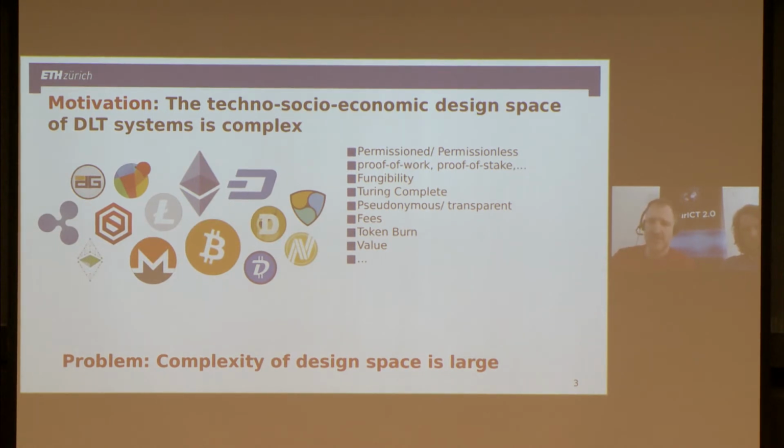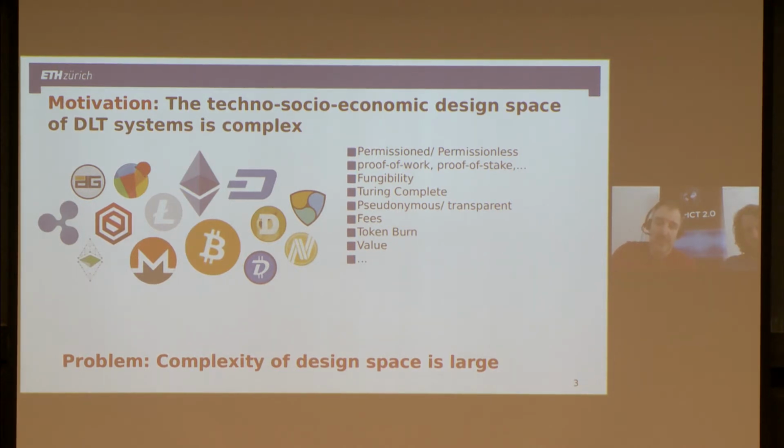A few examples on the right side of what you can think of when you design such a system: could be permissionless, several proof-of-X mechanisms for consensus, fungibility, Turing completeness of smart contracts or not, anonymity questions, fees, how the tokens are handled over the long time, and so on. So there's a lot of stuff. And at that point, we didn't find a structured way of analyzing how these many projects actually differ.